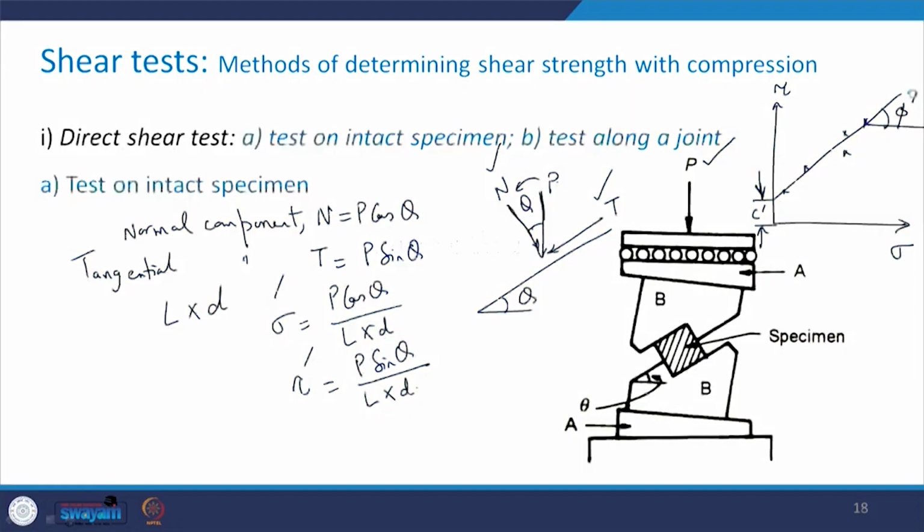So, we discussed the shear tests, 2 categories of the shear tests. In one category, we do not have the normal load on the shearing plane, and the second category includes the shear strength determination with compression.